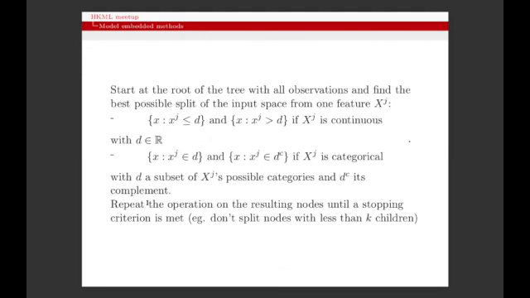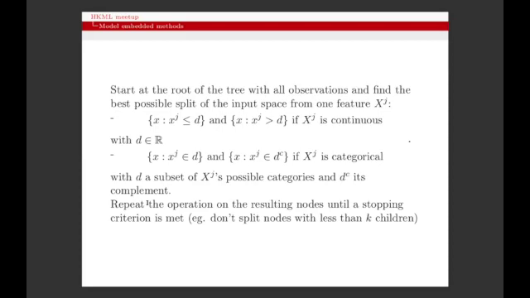That is, if the data is continuous, to find a constant where we put the observations for which the j-th feature is below this constant on one side of the root, and the observations where the j-th variable is above this constant on the other side of the root, that is, in the other child.